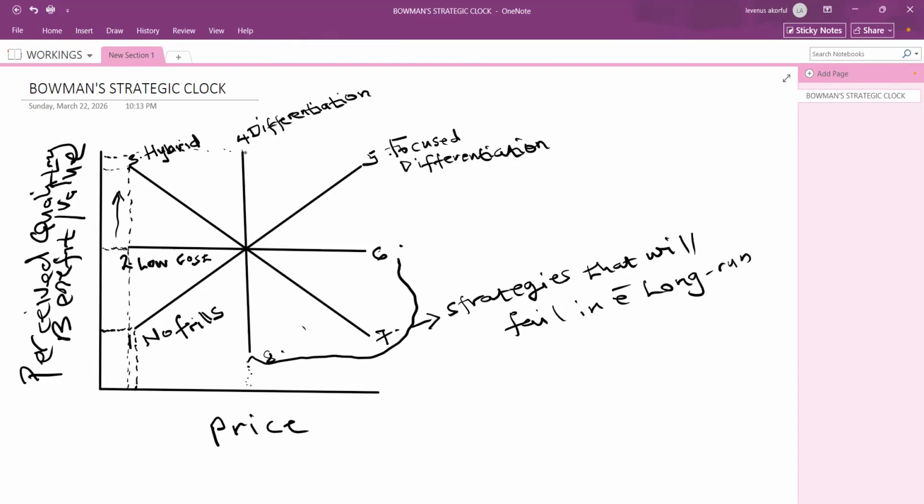This is the proper differentiation. Why? You see, for this one, they are producing a differentiated product. When we say differentiated product, as I explained earlier, a unique product. They are producing a unique value proposition. You see, the quality is at the very top, top-notch quality. So differentiated product.